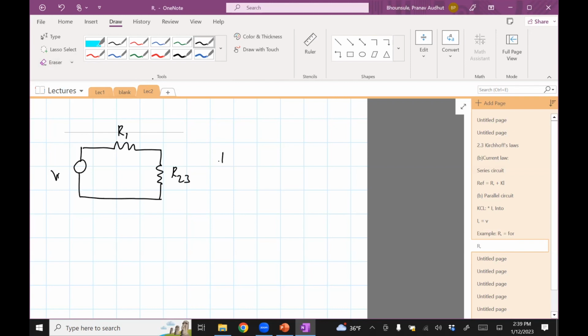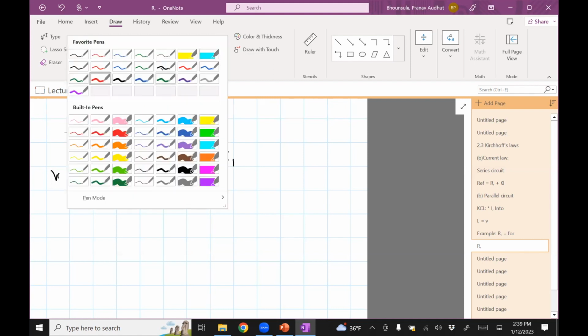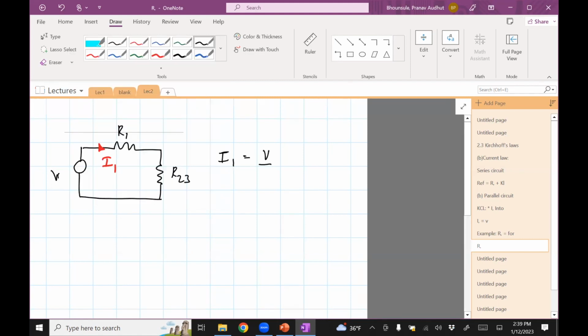The current through R1 is V divided by R effective. V is 14, R effective is 14, so I1 is 1 amp. Okay, so we got I1.